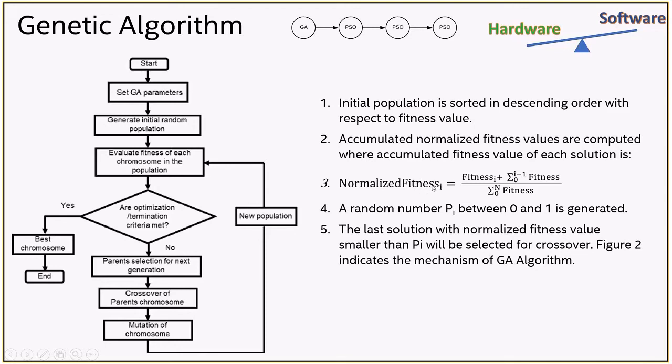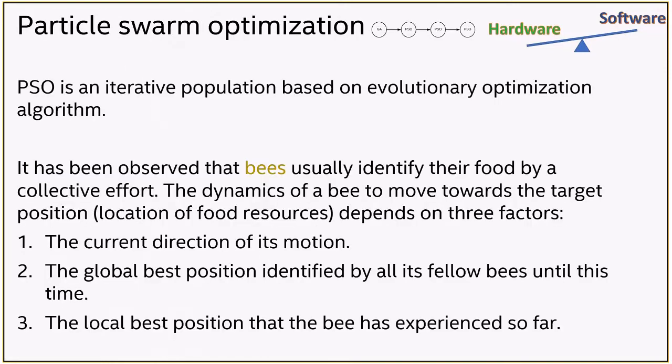It has a low fitness, so it has to change: either evolve or die. So those weak chromosomes are selected for crossover to make strong chromosomes. That is about the genetic algorithm.